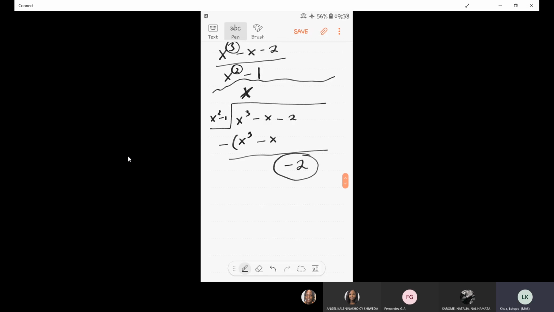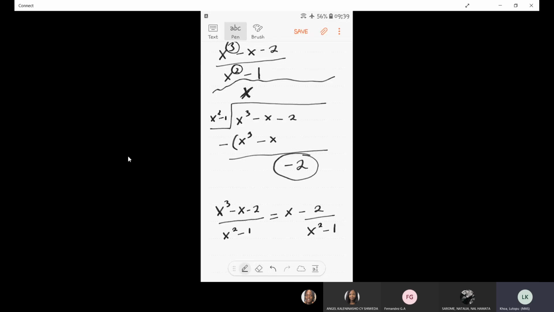Then what I can do is I can rewrite this x cubed minus x minus 2 over x squared minus 1, this is just equal to x minus 2 over x squared minus 1. So I have rewritten it from here, where I have a numerator whose degree is higher than the denominator, to here, where the degree of the denominator is greater than the degree of the numerator.